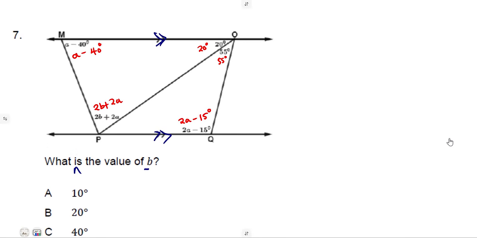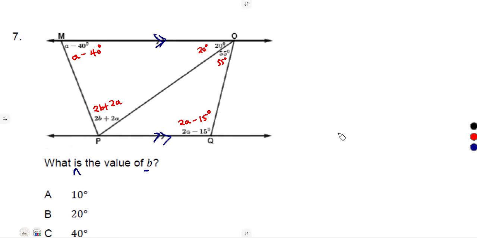So to find angle B, we need to focus on the condition where the angle B is situated, which is here. There is angle B here. But as you can see, it's 2B plus 2A. We also have A there.